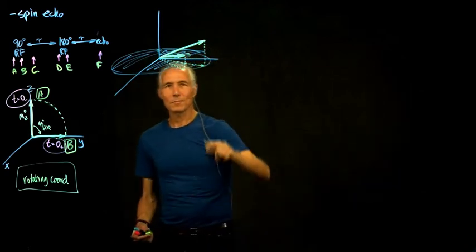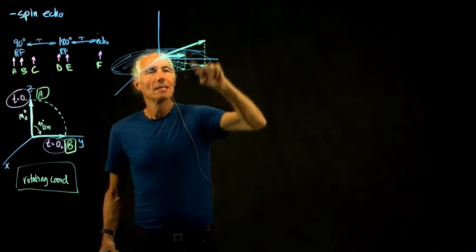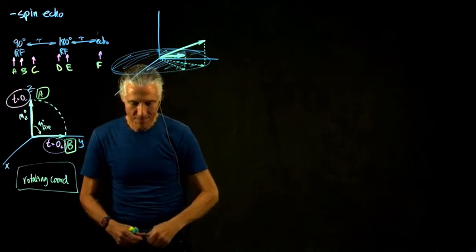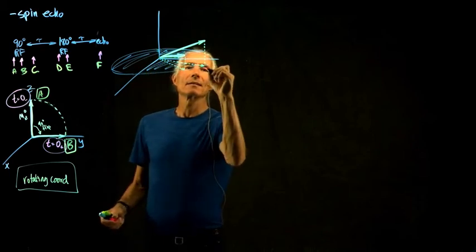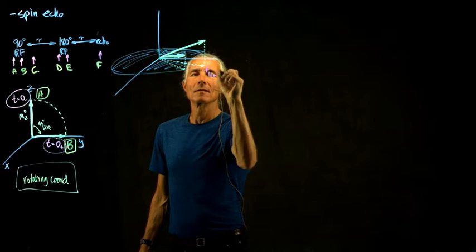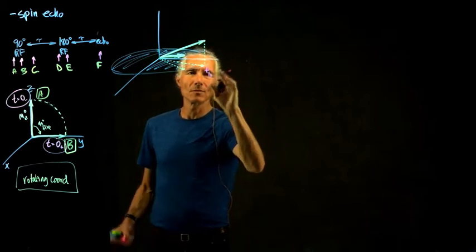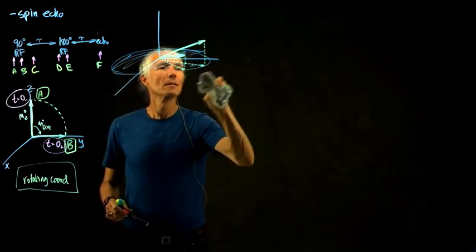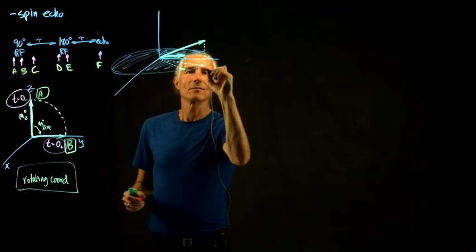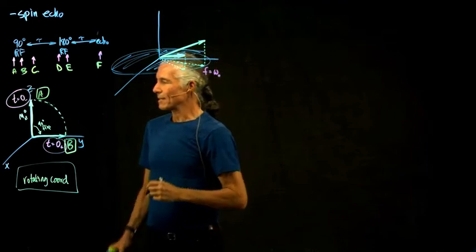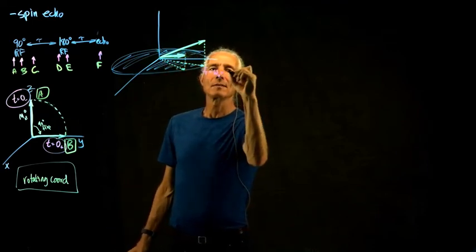So what does this mean? What this means is that this guy is frequency-wise higher than B0. Let's write it out. The frequency equals omega 0, the center frequency, plus small.